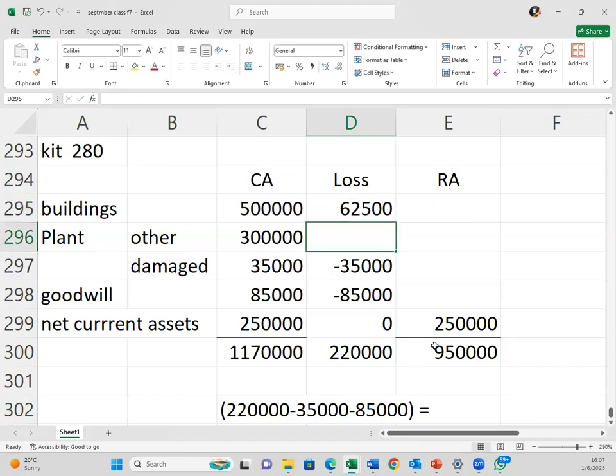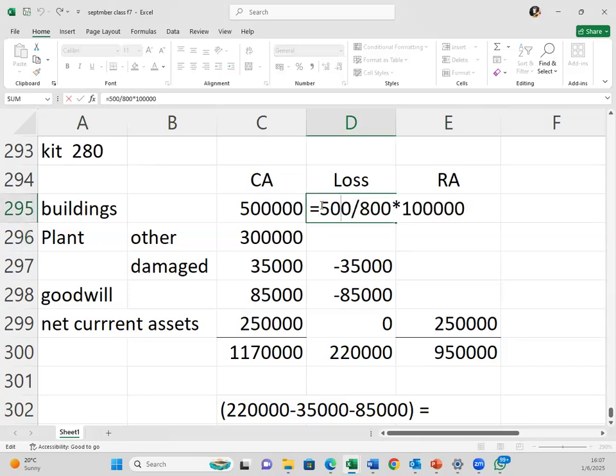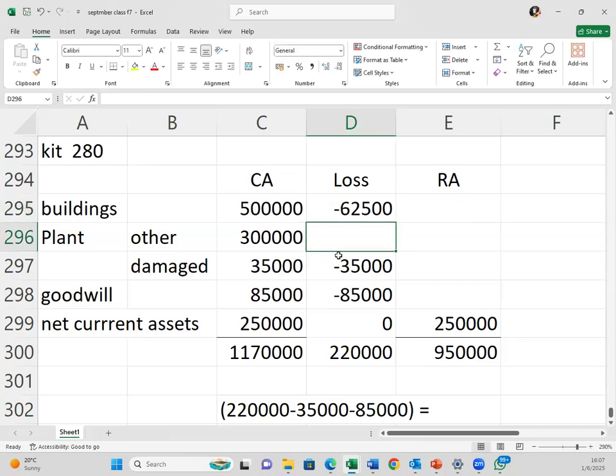So we are sharing the remaining impairment in the ratio 5:3. For the plant, it will be 3 over total ratio 8 times 100,000.